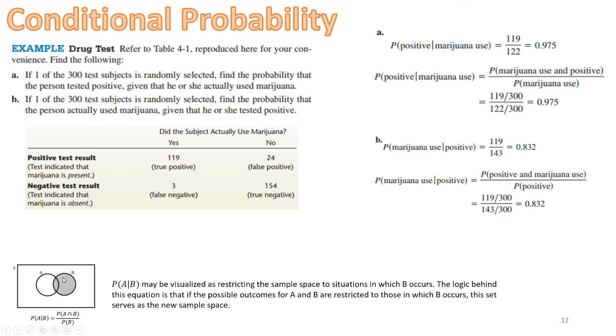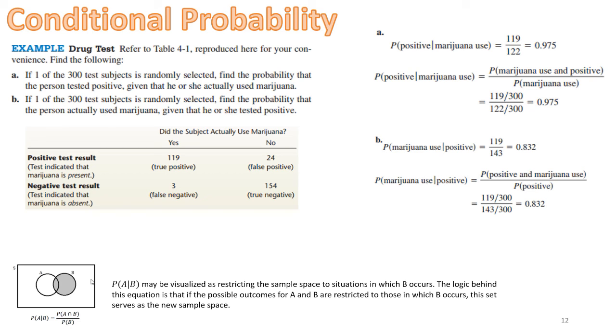So we're looking for the cardinality of the intersection. That's what these things are here. 119 divided by the cardinality of B. So in this case, B is the event that you use marijuana, and in this case, B is the event that you test positive.